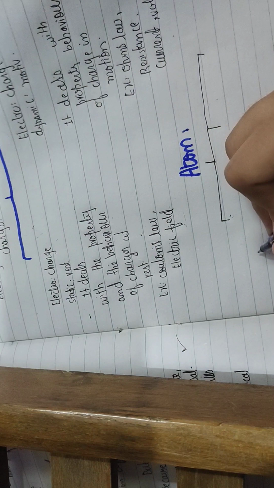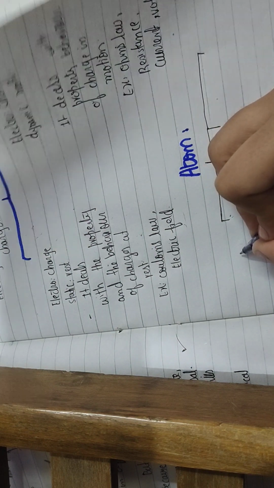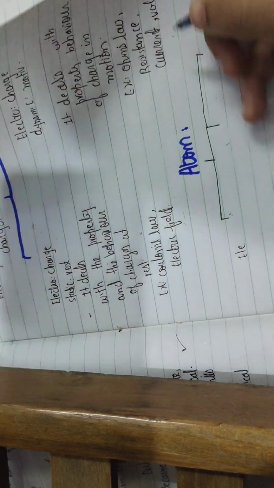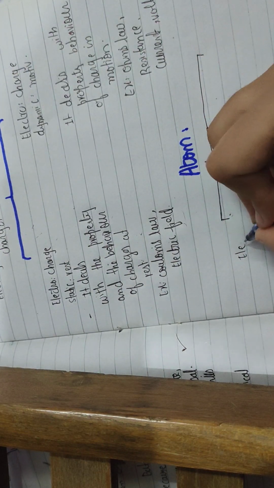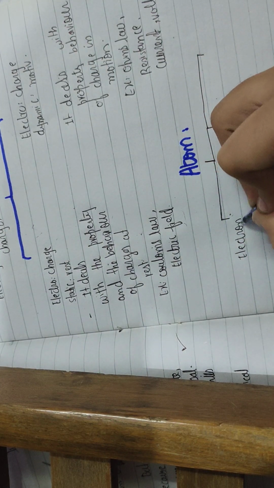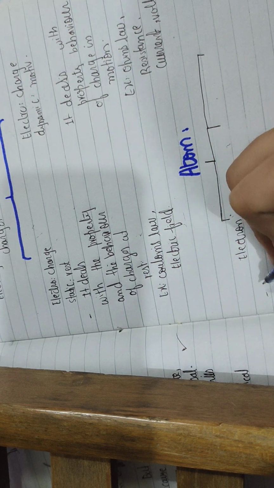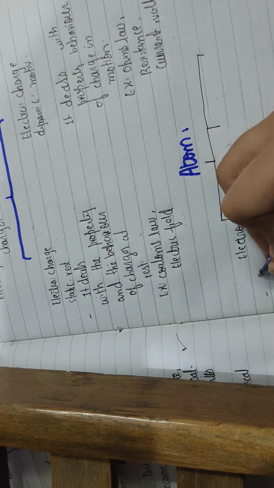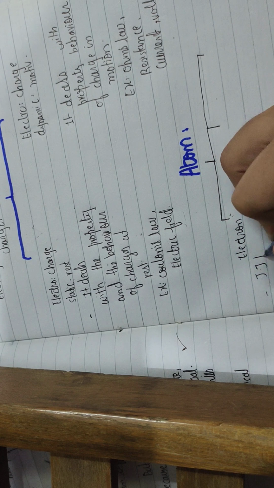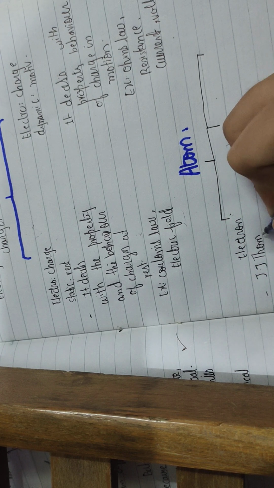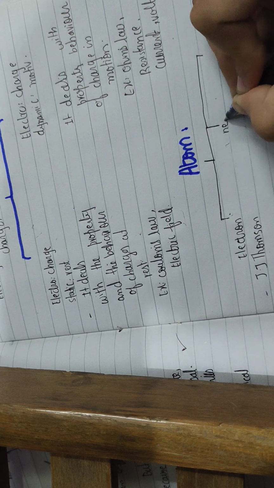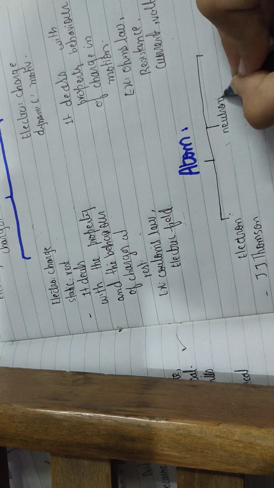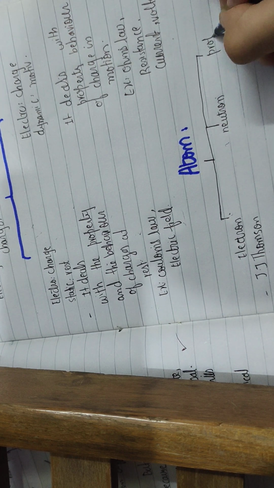The properties and composition of every subatomic particle or quark are different. The first particle is the electron. Let's see who discovered it. The electron was discovered by J.J. Thomson. Here come the neutron and proton.